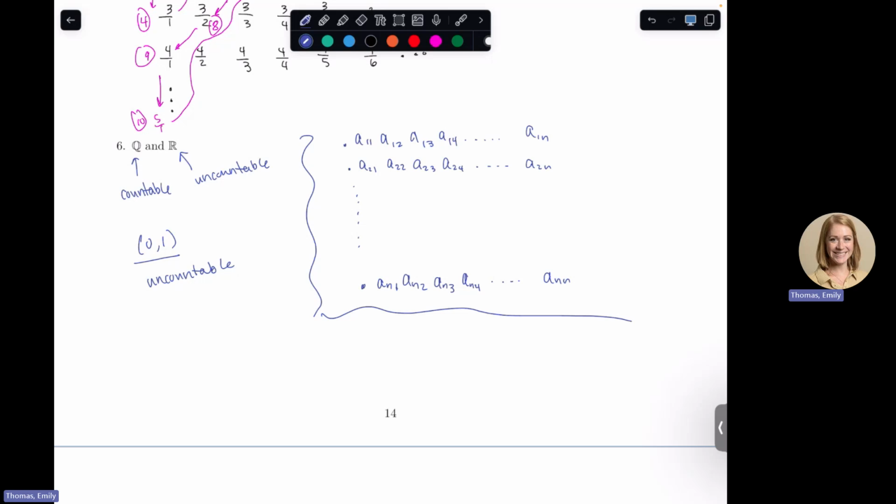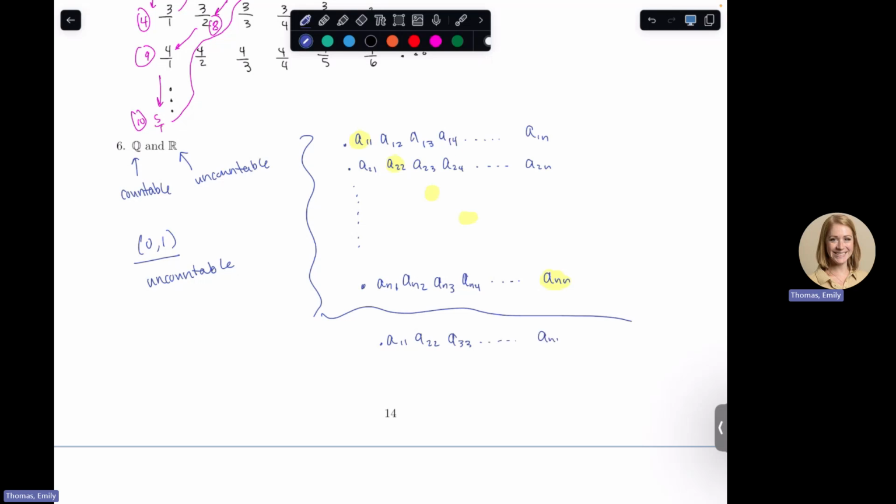assuming I can write one, right? So what we're going to do, this is the Cantor diagonalization argument. This is what's in your textbook. What we're going to do is pick off the diagonal all the way down. I'm not going to call it anything yet, I'm just going to write it down. So this is A11, A22, A33, up to ANN.